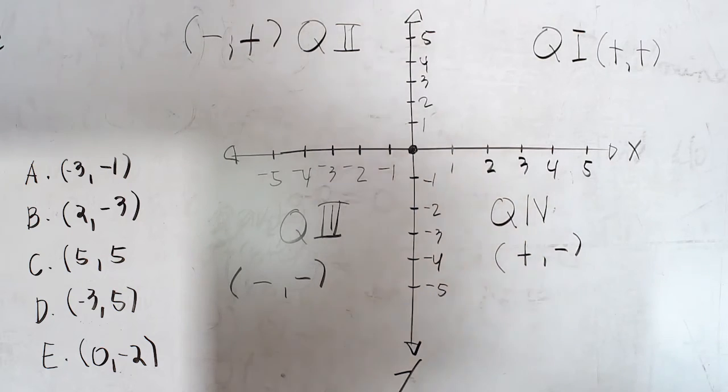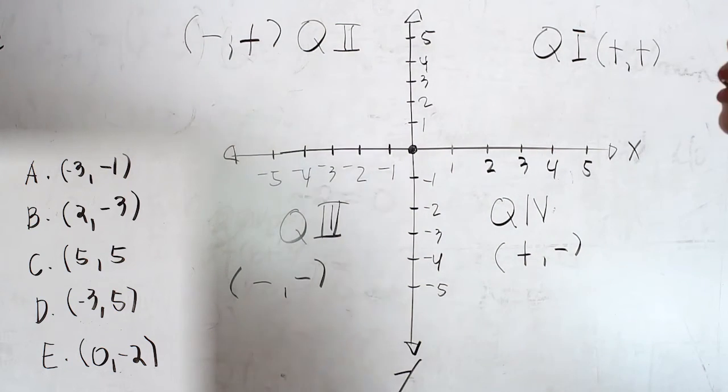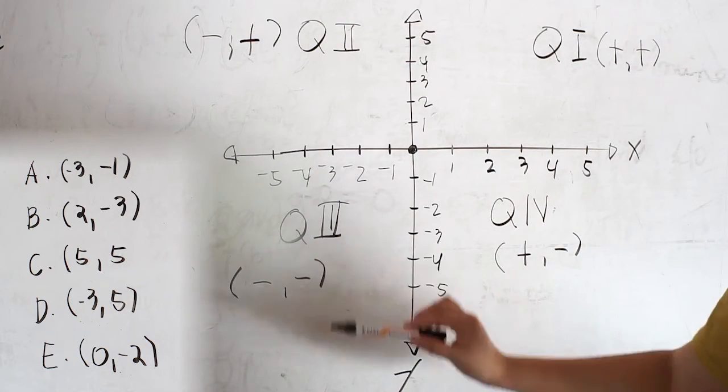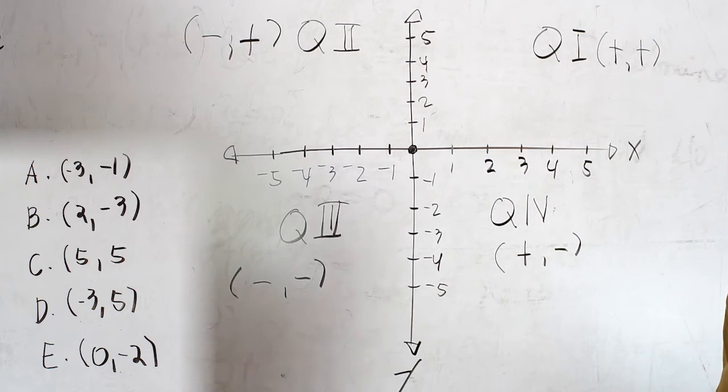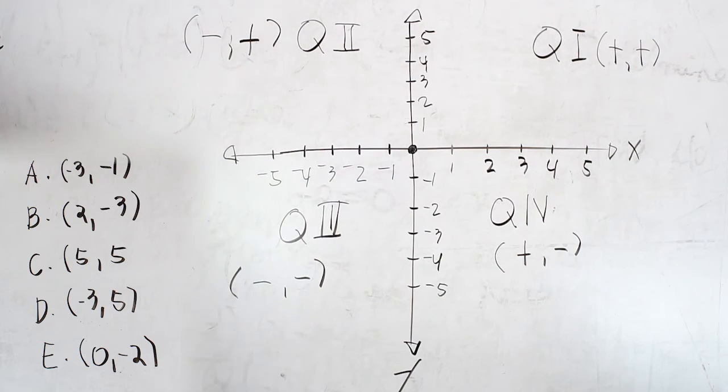So A, what quadrant does A belong to? Negative 3 and negative 1. So negative and negative. So here. A is in quadrant 3.